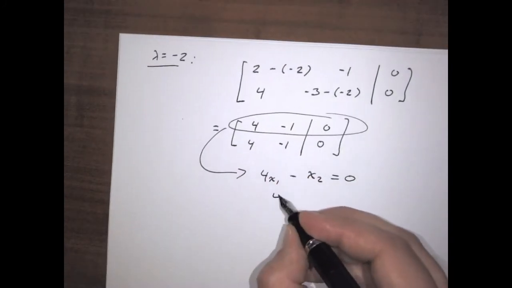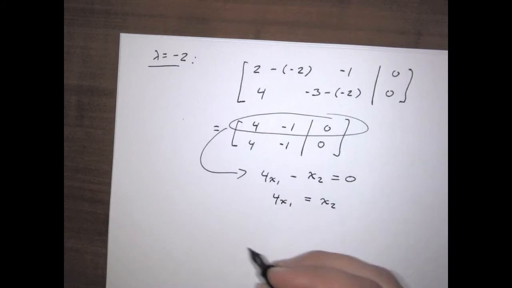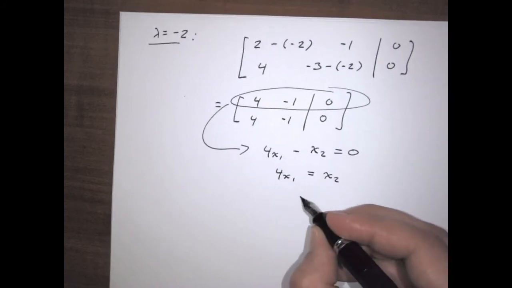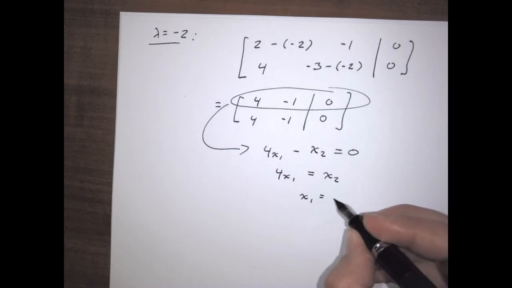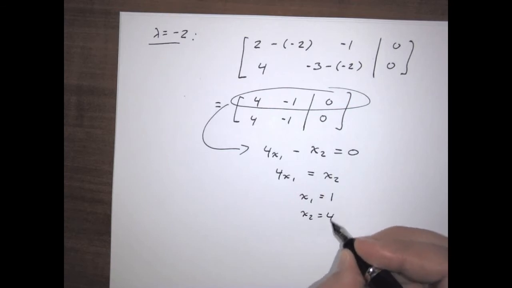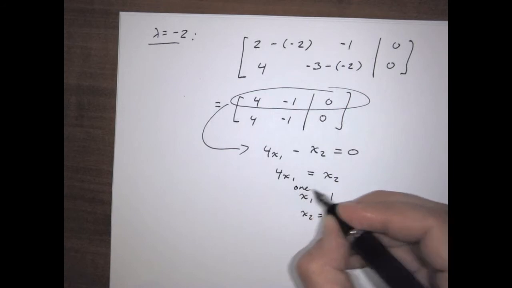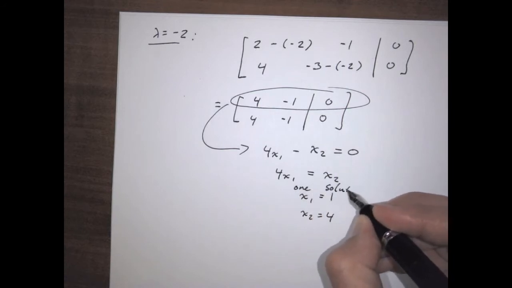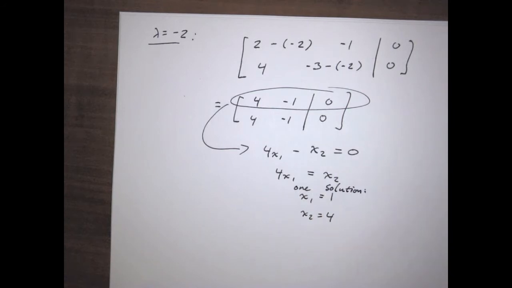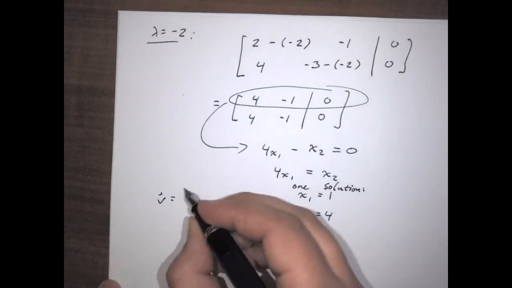And that means 4x1 equals x2, which then, if we switch the things around, we can have x1 equals 1 and x2 equals 4. Switch the coefficients around, so this is one solution. Any one solution. So that gives us a v of 1, 4.